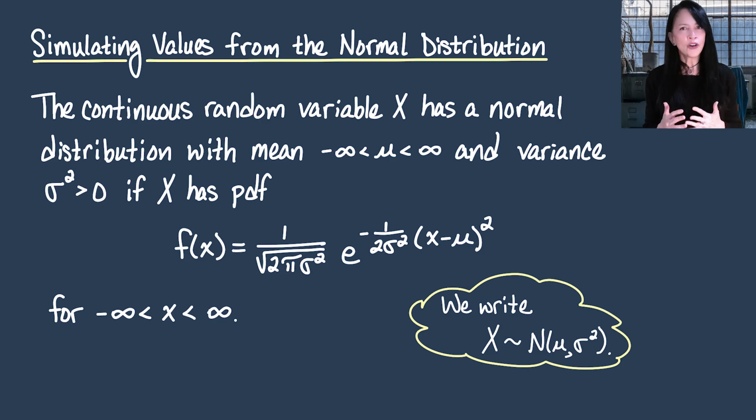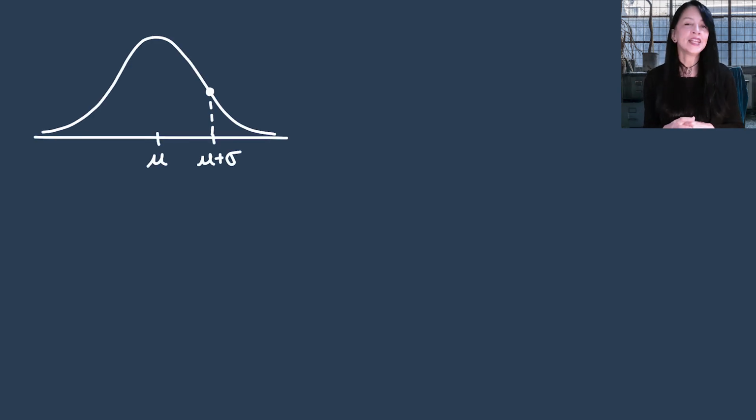Now, it's not hard to show using standard calculus techniques that one sigma, or one standard deviation, away from the mean mu is the place where the curve changes concavity. So you can see in this picture, it's concave down here and then becomes concave up over here as you pass one standard deviation away from the mean mu.